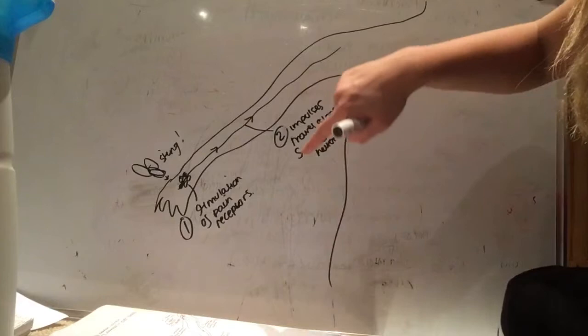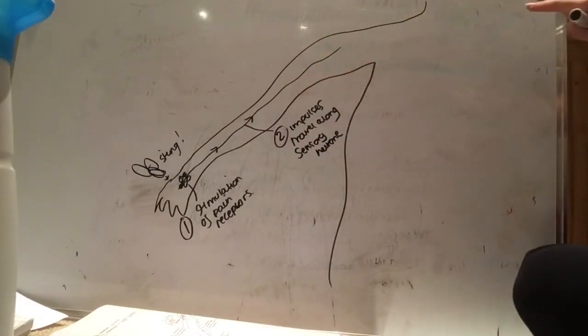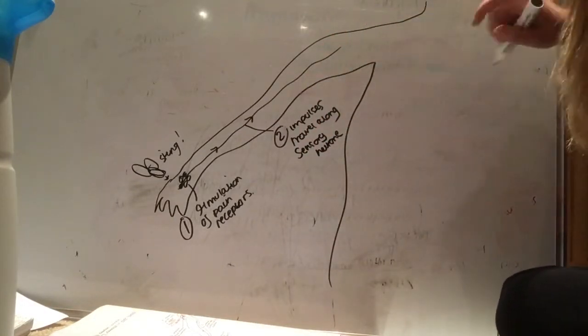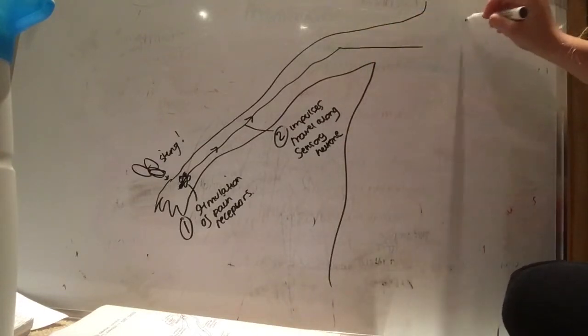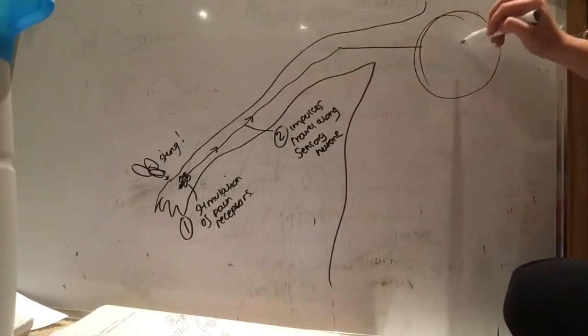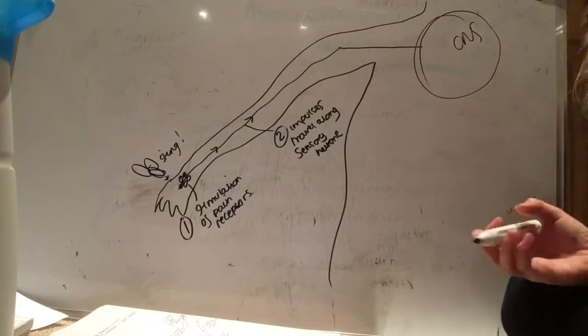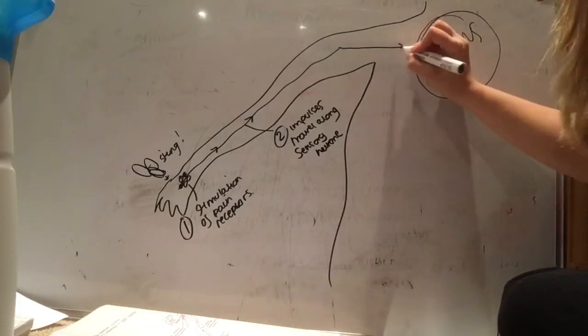And then number 3, we go here. This is going to be like our CNS, basically our spinal cord or whatever. The impulses are getting sent along.